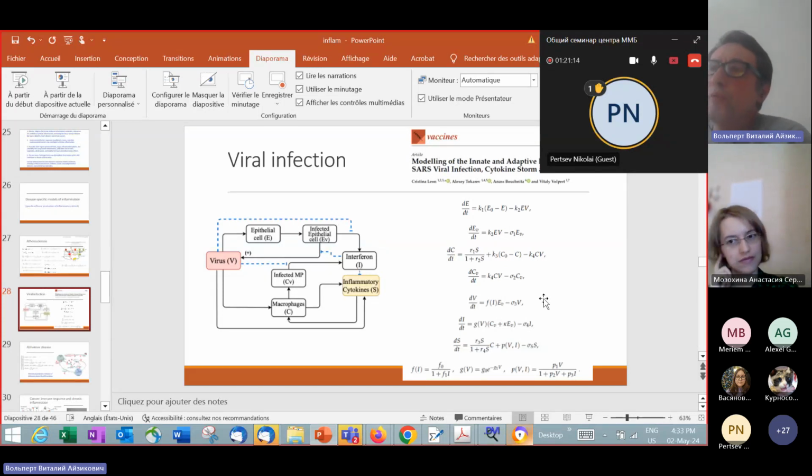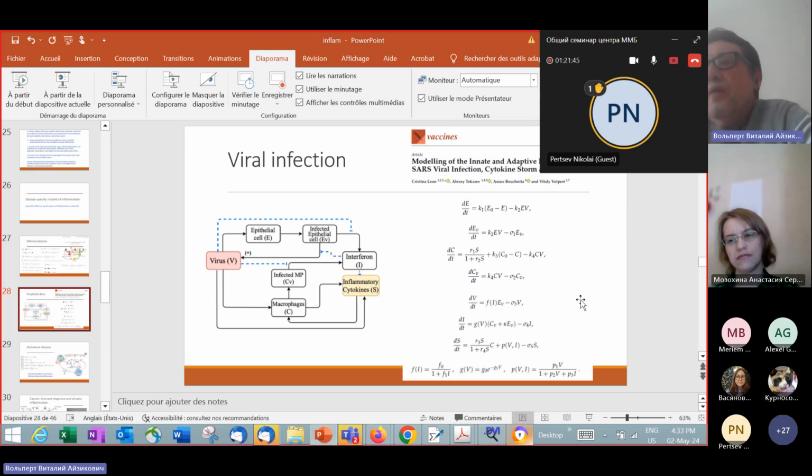Truly speaking, I don't know, because there's only a very small percentage of viruses which enter the cell. It can be 1 from 1,000 or even less. So do we need to take this into account? And moreover, when they enter infected cells, they don't really disappear, they begin to multiply.